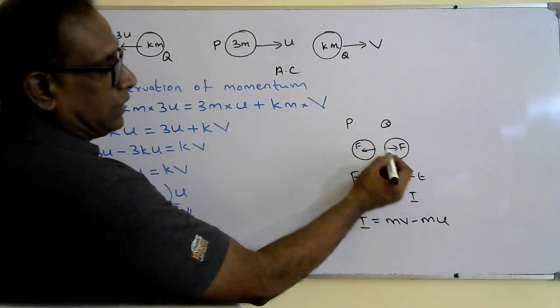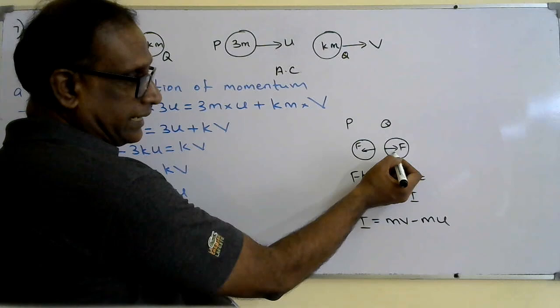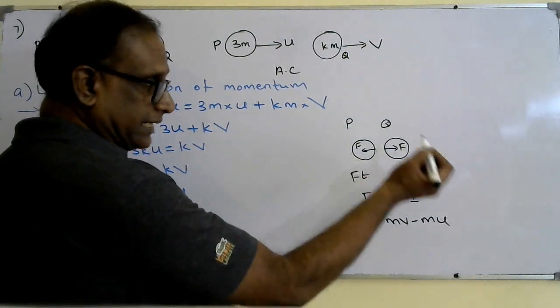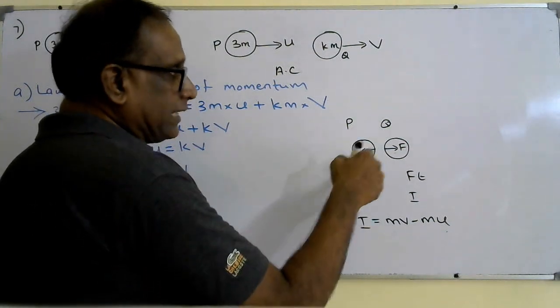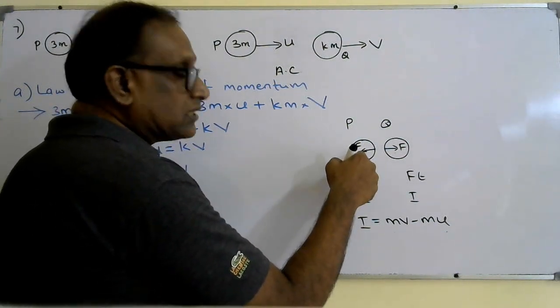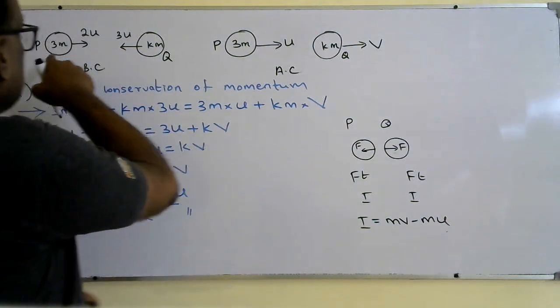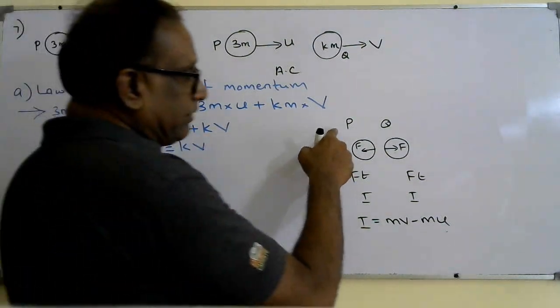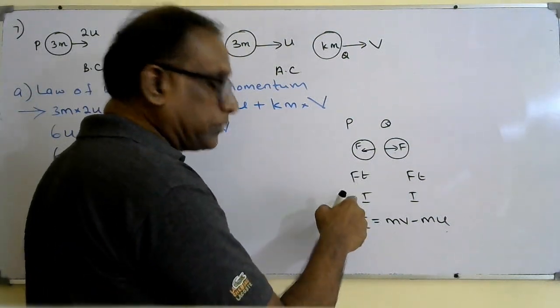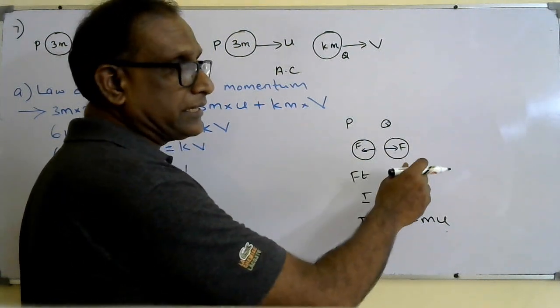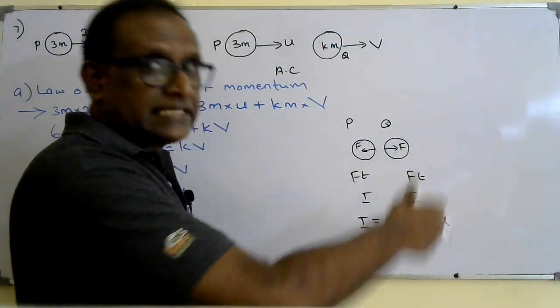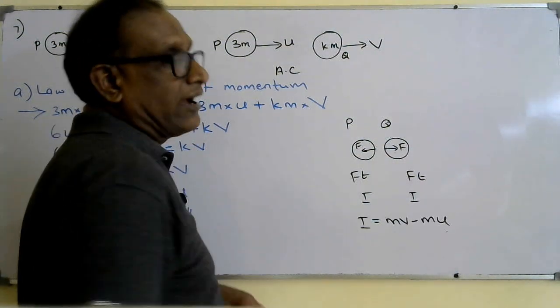According to my diagram, Q will experience force towards right, so its impulse will be towards right. Change in momentum also will be towards right. For P, it experiences force during collision towards left according to this diagram. So P will experience force towards left, means impulse will be towards left, change in momentum also towards left. But they will have the same magnitude. Only thing, they have opposite direction, but they'll have the same magnitude.